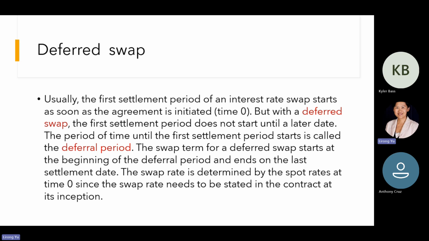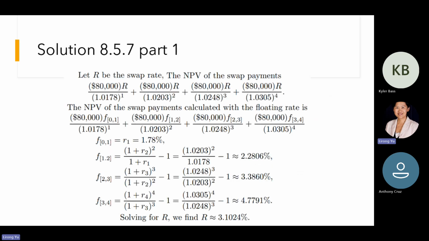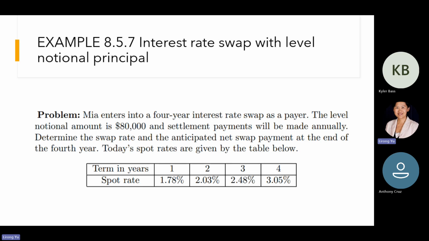The swap term for the deferred swap starts at the beginning of the deferred period and runs to the last settlement date. Instead of starting to swap payments at time 1, 2, 3, 4, if you defer for 2 years, you start from 3 and then 4. You end up having a 2-year swap agreement, but you are determining the rate at time 0.